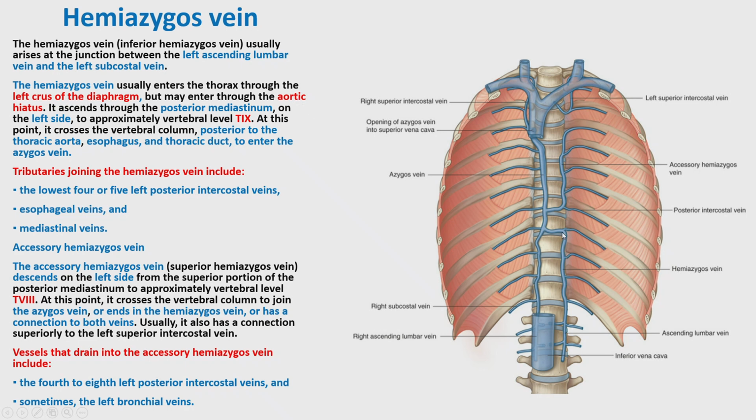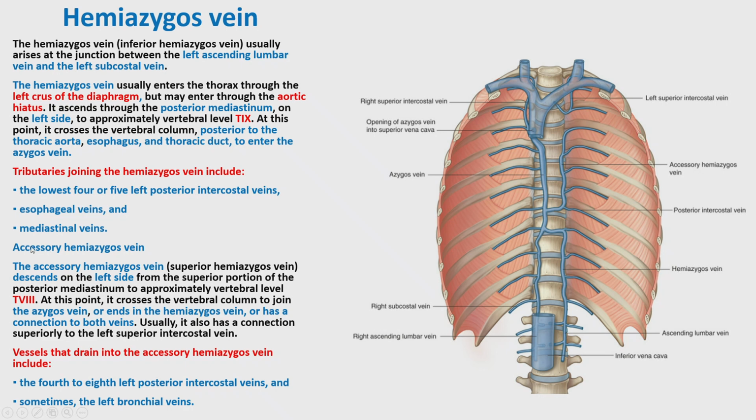The hemiazygos vein drains to the azygos system, as I said, approximately at the level of T9. Its tributaries are the lower 4 or 5 left posterior intercostal veins, and some visceral tributaries from the esophageal and mediastinal veins. Sometimes, as we said, the accessory hemiazygos vein can also drain to the hemiazygos vein and then to the azygos vein.